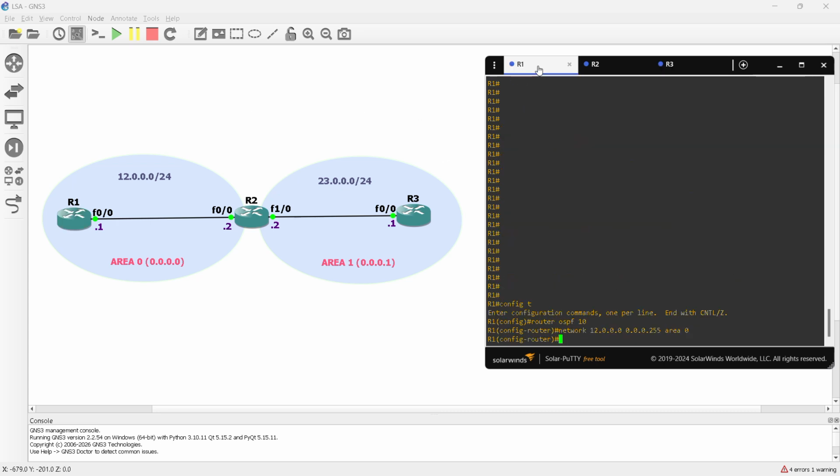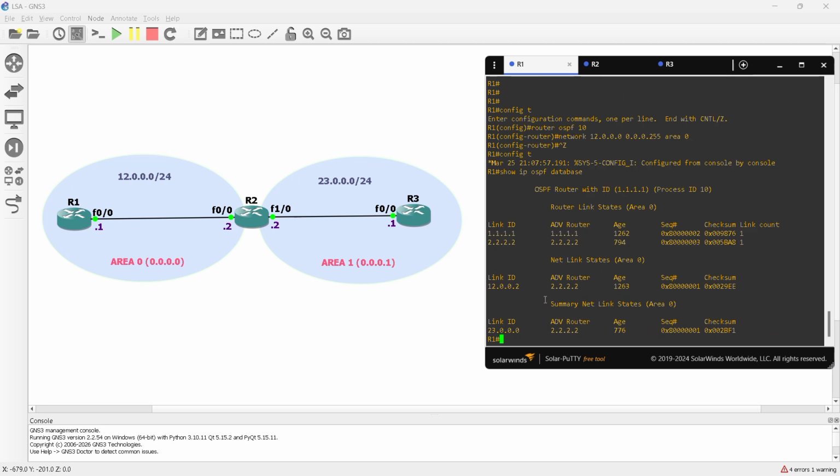Similarly, if you look at R1, here you can see that a summary network LSA was generated for area 0, and this is the information that R2 shared, and the information is about area 1, right? Here R2 was the ABR, as you can see.